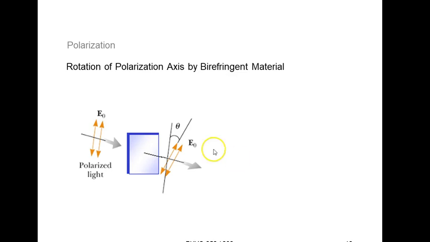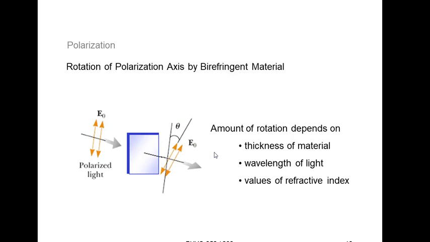So if you send in linearly polarized light, in this picture, let's say the light is oriented along these incoming orange arrows, so that's the axis of the electric field, this birefringent material can actually rotate the polarization axis through some angle theta. And the amount of rotation you get is going to depend on how thick that material is, the distance the light travels through the material, the wavelength of the light, and the value of the refractive index. Okay, so again, you could engineer and make a polarization rotator.